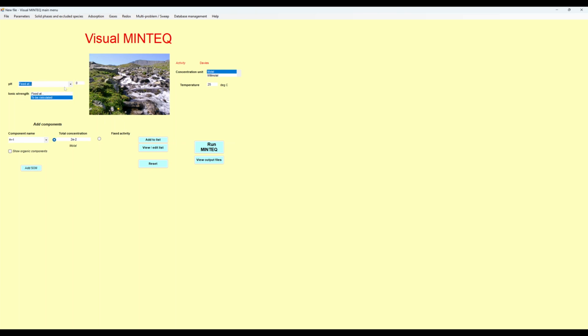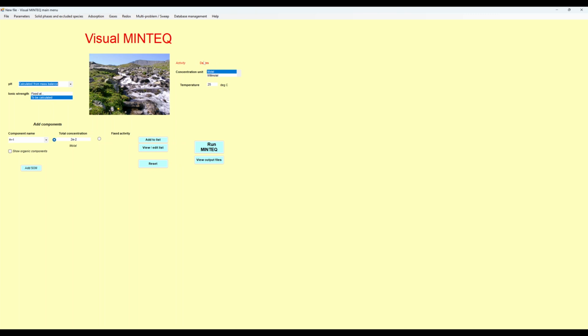Then just make sure you're resetting the list every time you want to go for another example, another scenario. Always check your list, see whether all the species are already defined, and after that just run and get the important information from the software.